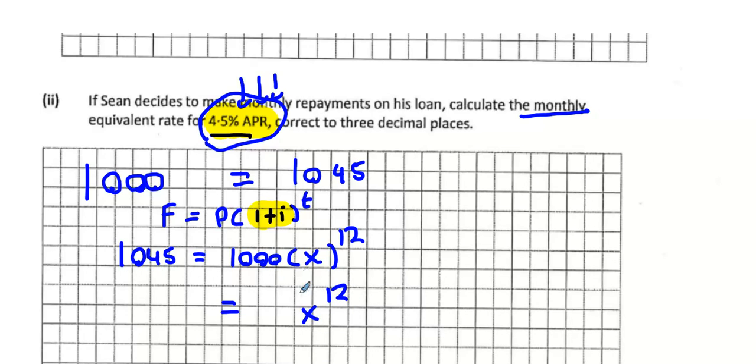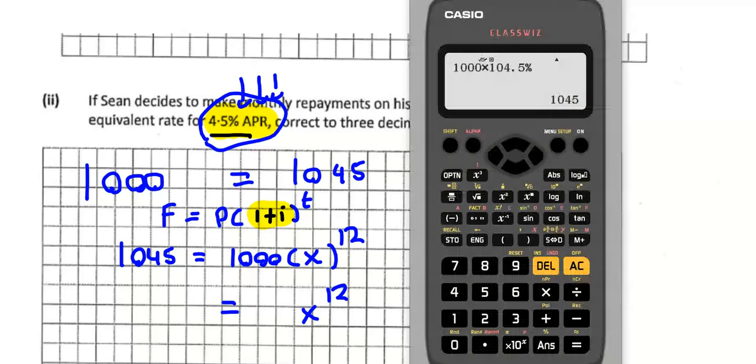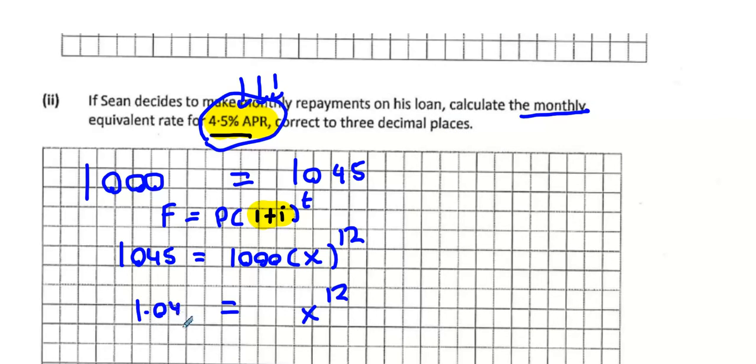1,045 divided by 1,000. Whoever designed the test probably got this off a mock, and whoever designed the mock probably does honors mocks and got confused. So 1.045. This number to the power 12 is 1.045. What would you do if it was a squared number? You do the square root of 25, wouldn't you?